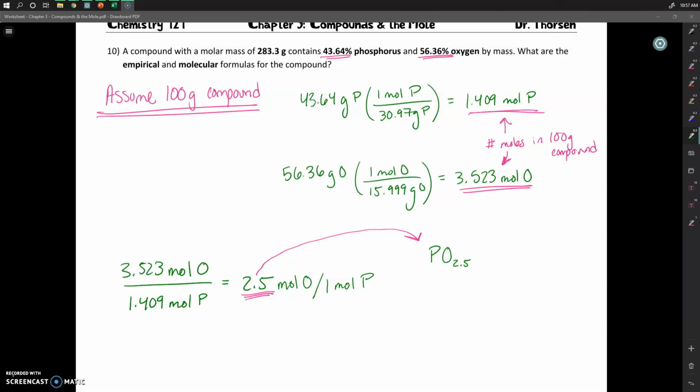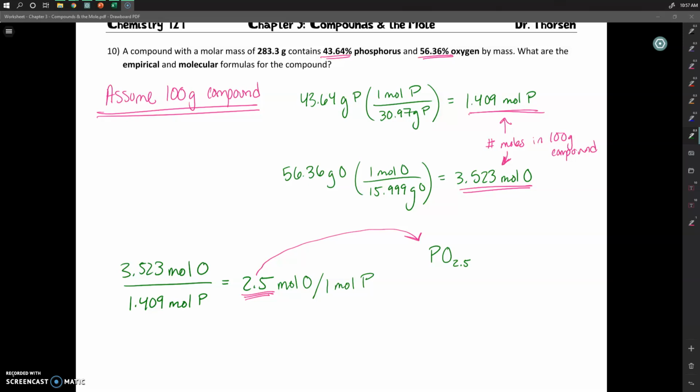So I'm going to start with phosphorus here, just because I have the intuition of knowing that normally we put phosphorus before we put oxygen in a molecular formula. But for you guys, as an answer, it would be fine if you put oxygen before phosphorus. I'm not going to penalize you for that. So just keep that in mind. At this point, with these molecular formulas or empirical formulas, I'm not going to pay particular attention to the order in which you put the elements. But what is going to be important here is that you get the subscripts right.